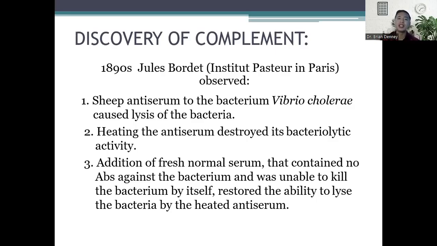What happened after addition of fresh serum? There was restoration of the bacteriolytic activity. So again, sheep anti-serum plus Vibrio cholerae equals lysis of bacteria. But when Bordet heated the mixture, there was no lysis. But after adding another volume of fresh normal serum, this restored the bacteriolytic activity.